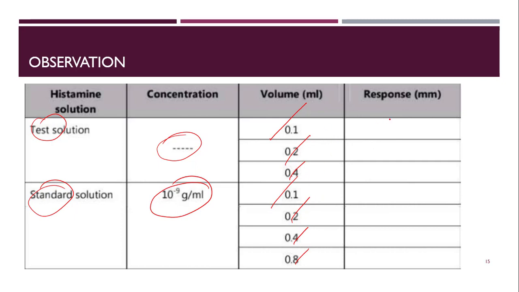And also we have to measure the response height in millimeters. We don't have to express it in centimeters, we have to express it in millimeters. Okay, and we have to write over here.